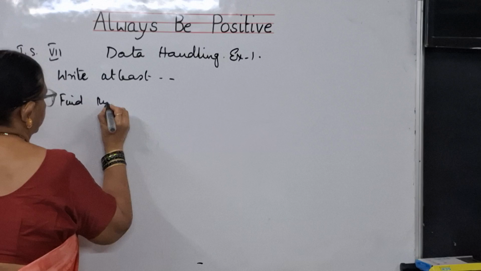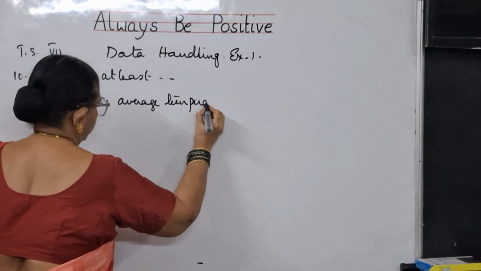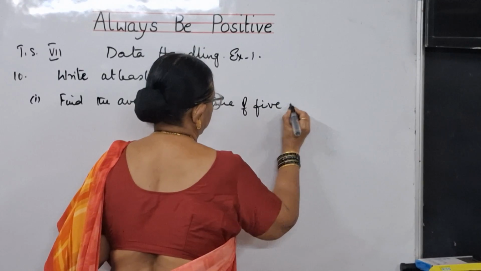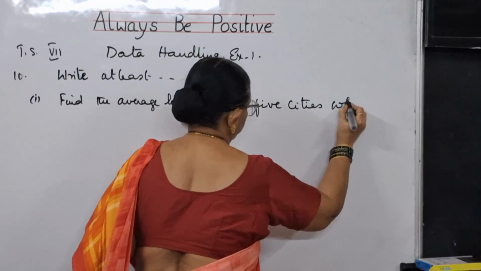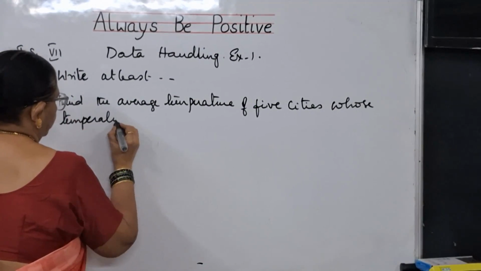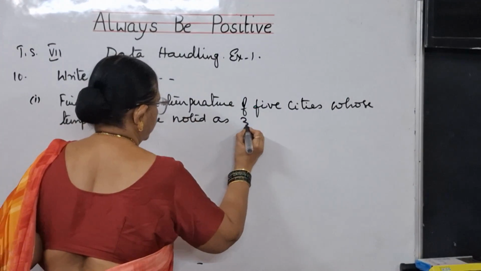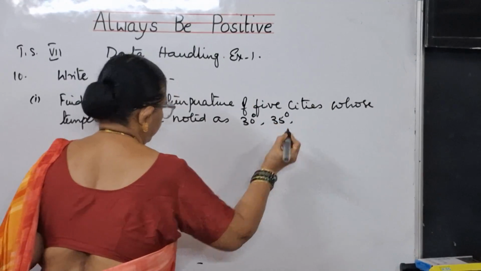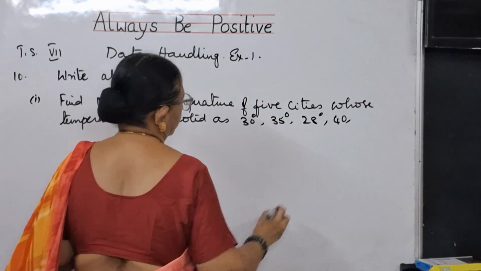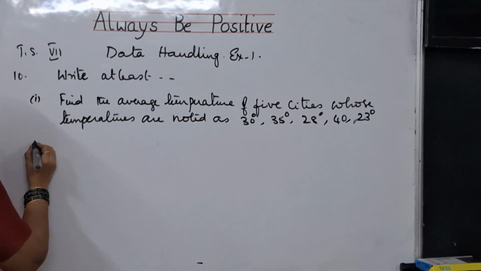Find the average temperature of 5 cities whose temperatures are noted as 30 degrees, 35 degrees, 28 degrees, 40 degrees, 23 degrees. So, this is one question you have written.